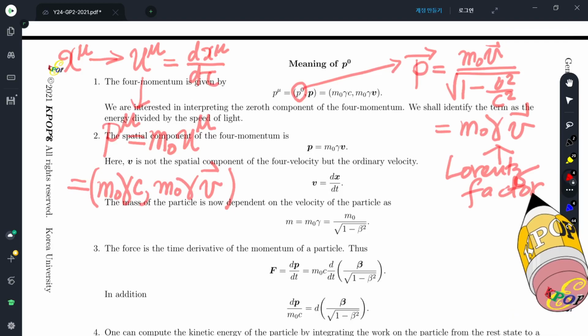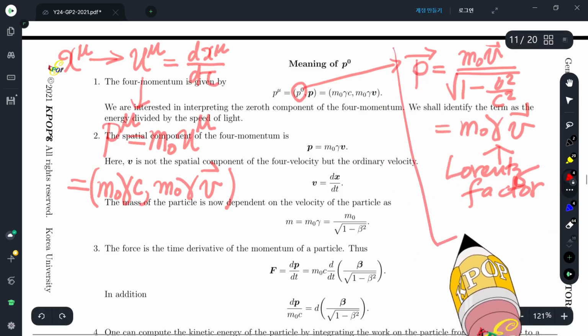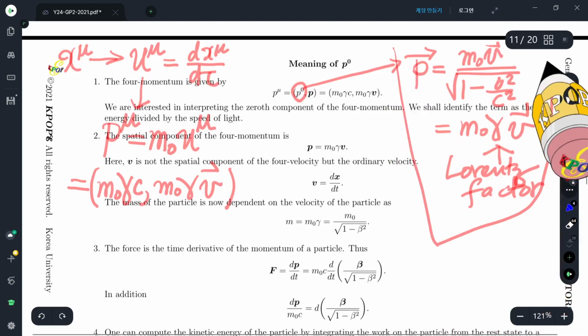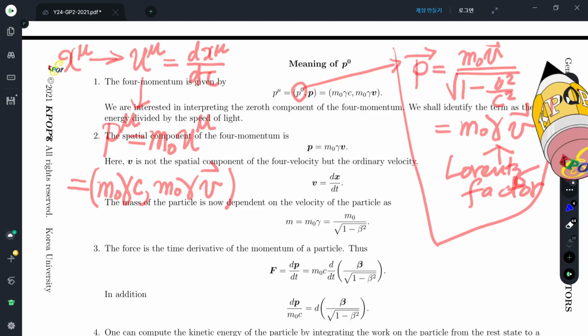So the energy of the particle is unbounded, diverging to infinity as it reaches the speed of light. Therefore, the spatial component of the momentum is well understood, in that it makes the particle never reach the speed of light and never pass the speed of light.